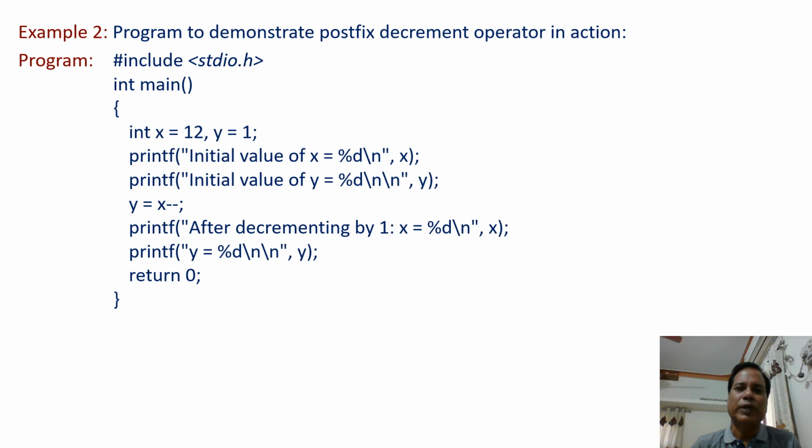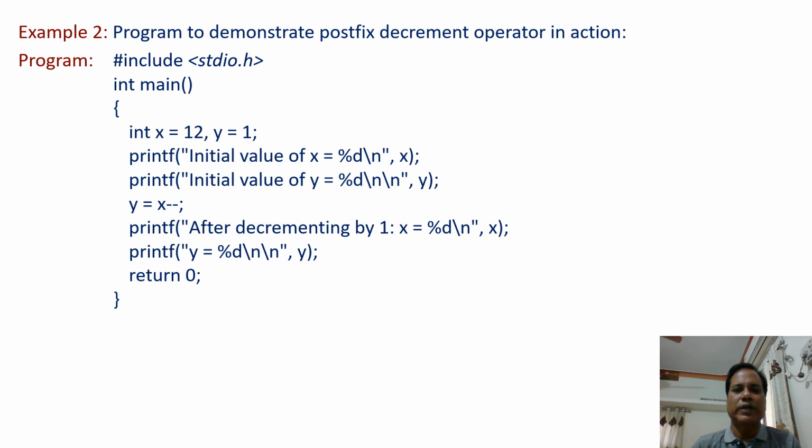Using the next two printf statements, we print the value of x equal to 12 and y equal to 1 on the output screen. Then using y = x--.